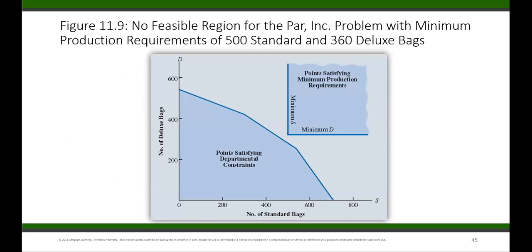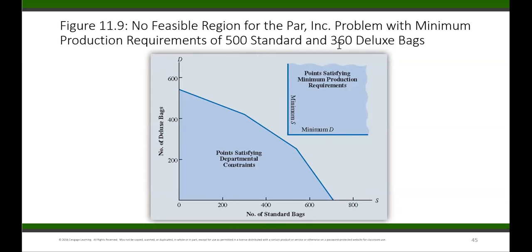Example of that, again, in the same example, the PAR incorporation problem, if this was our original feasible region, but let's say we add two new constraints of a minimum production requirement of 500 standard bags. So this is standard bag, 500. So we need more than 500.